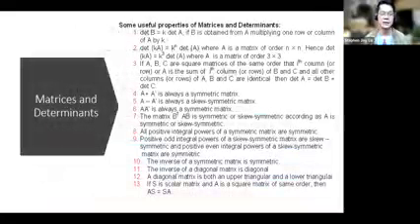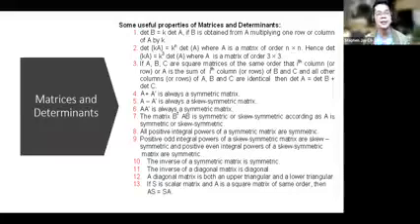Next would be matrices and determinants. Earlier, we had an example of a multiplication of matrices, and usually that's the basic question that comes out in the LET. So these are some useful properties of matrices and determinants. Get to recall all of these.